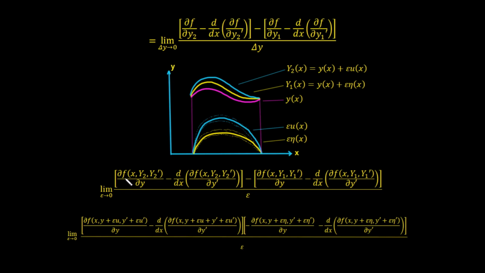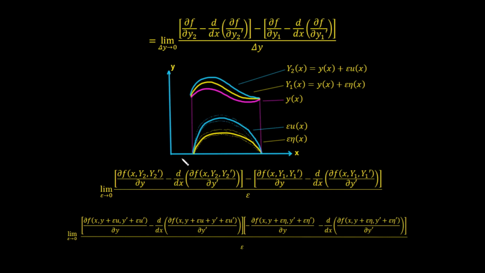Our functional is going to be given by x, y2, y2 derivative. This is the second addition of a variation, which is this one here, minus d by dx of partial f by partial y derivative, which is just this point, over function partial f. Well, it's again going to be a function given by x, y2, y2 derivative.